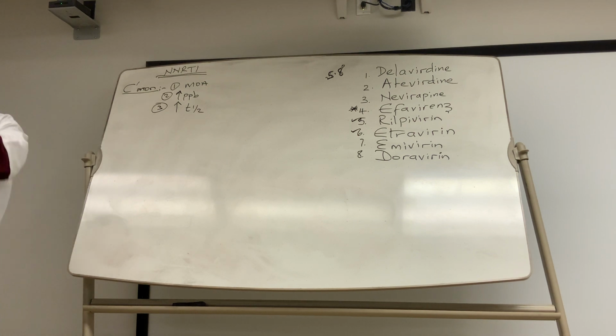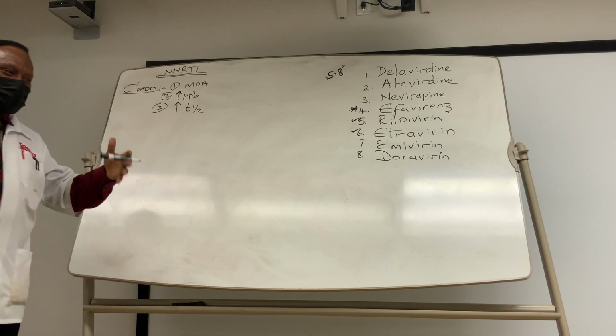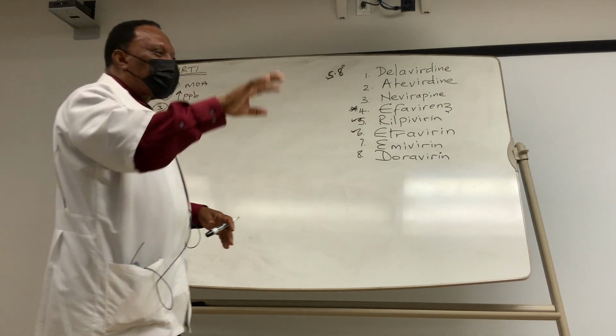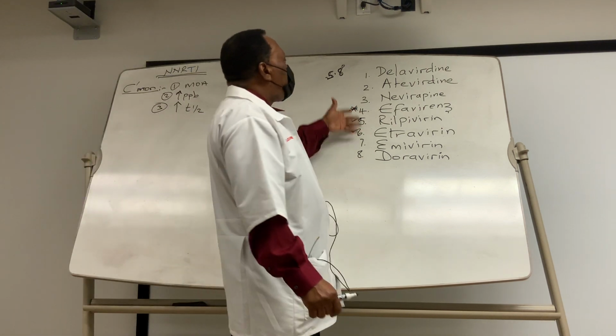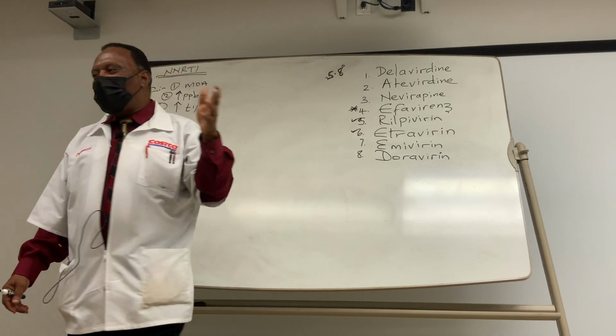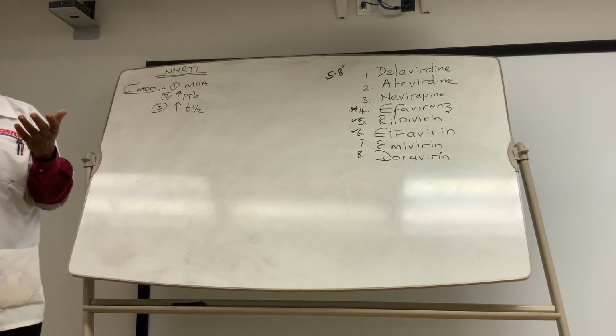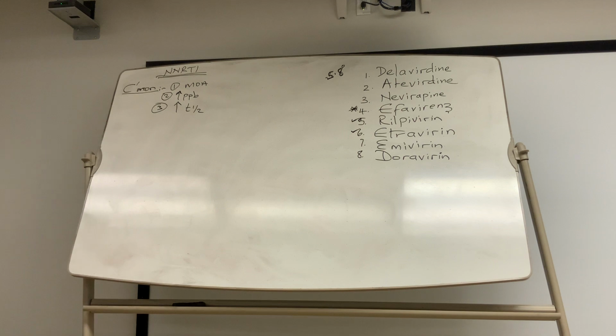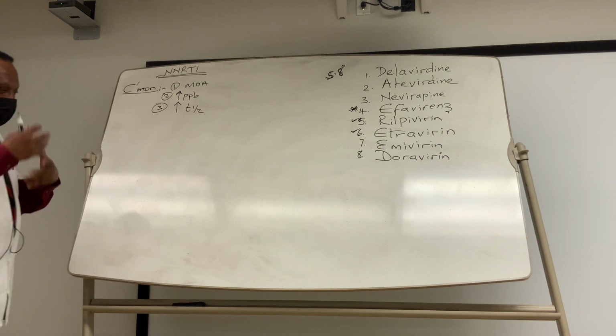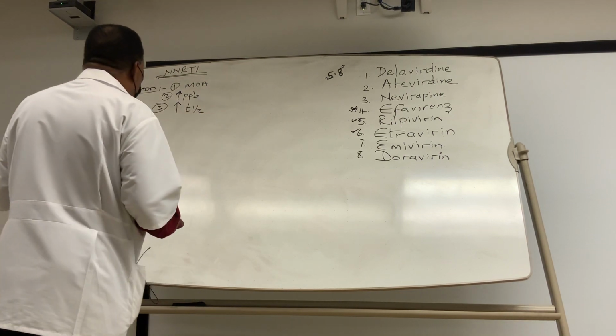And you claim that that is long. So for carbapenems, yes, that is long, but for NNRTIs, that is nothing. Okay, so half-life is relative to the group that you are considering, it's not like an absolute thing.